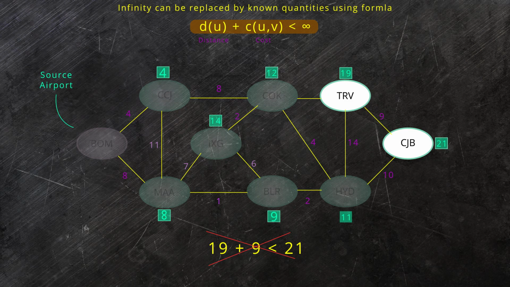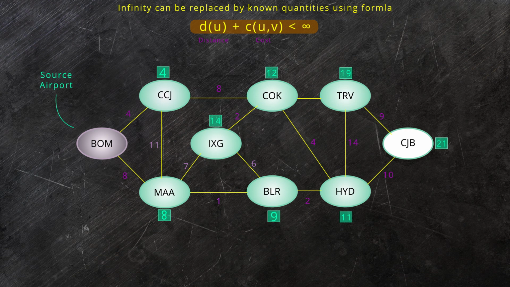So in this graph, estimating the minimum route from this particular source, we have the values out here. Now which is our source? BOM is the source. So the shortest distance from BOM to CCJ is 4. The shortest distance from BOM to TRB is 19. The shortest distance from BOM to IXG is 14.